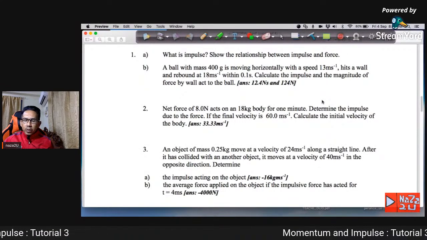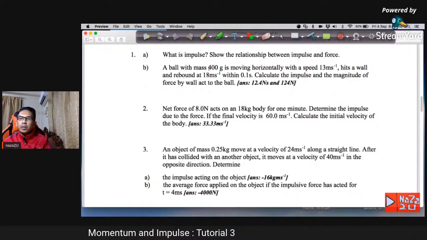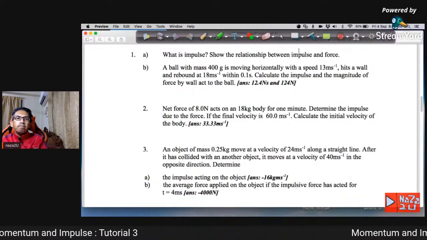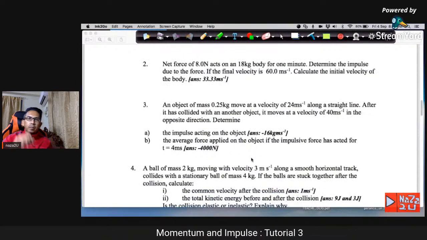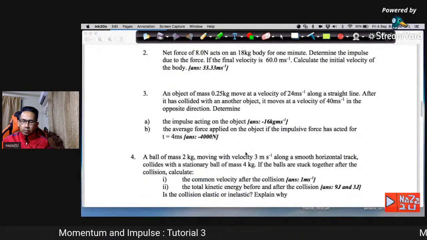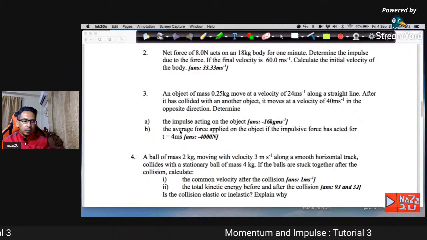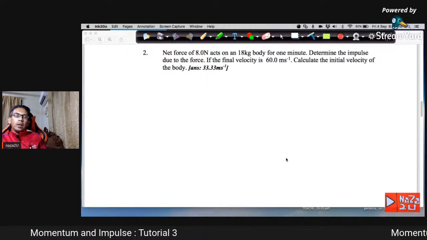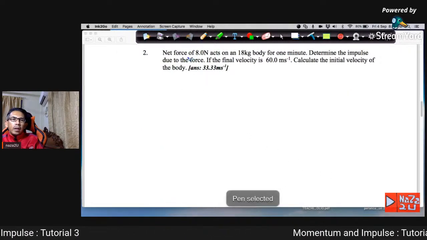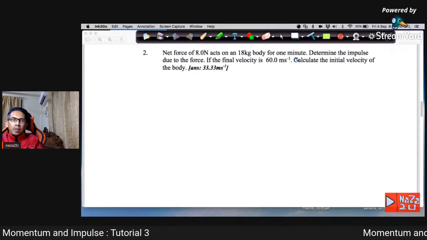Okay, we go to the next question. Question number 2. A net force of 8 Newton acts on an 18 kilogram body for 1 minute.